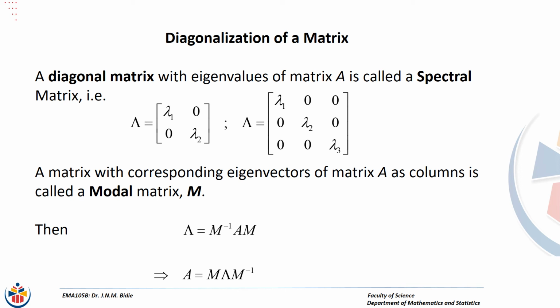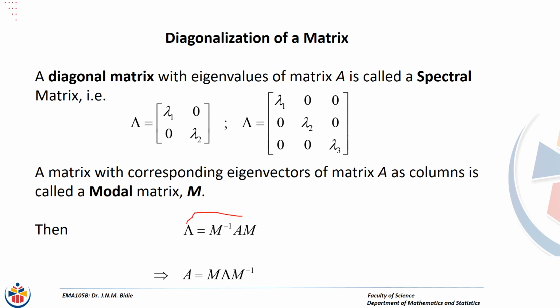Also, if we just gave you the model matrix and the spectral matrix, and we ask you to calculate the original matrix, which is A, then you are able to use M times the spectral matrix times M inverse. Please note those two equations because they are of paramount importance.